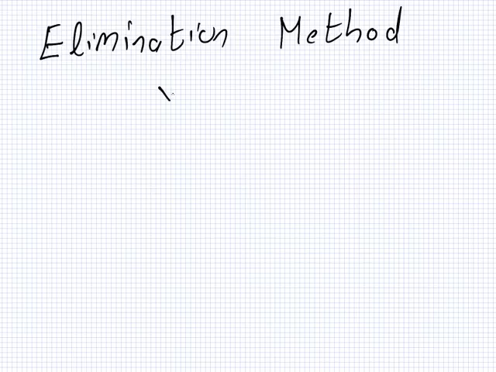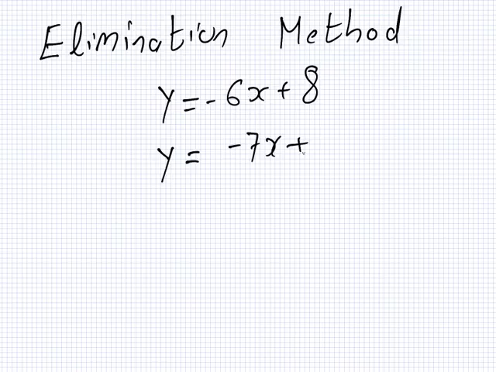What was it? y equals minus 6x plus 8. And then y equals minus 7x plus 9. So in the elimination method, what you do is you try to kill x or y. So we'll try to cancel y.